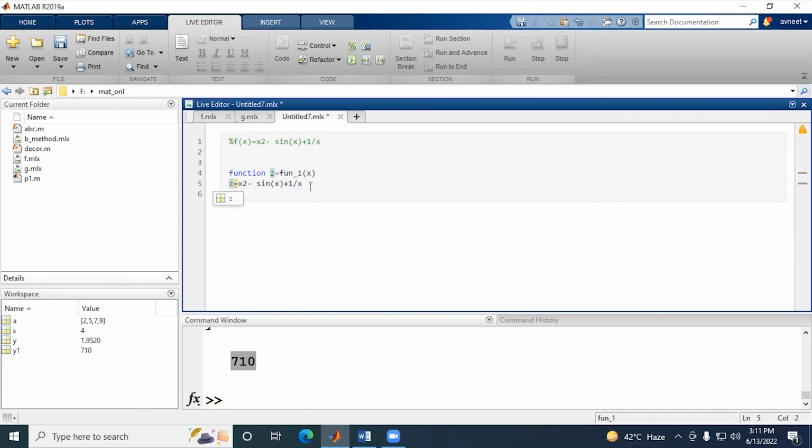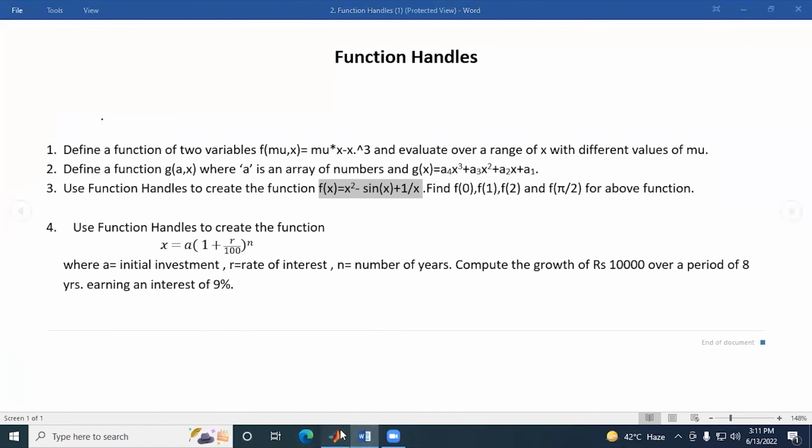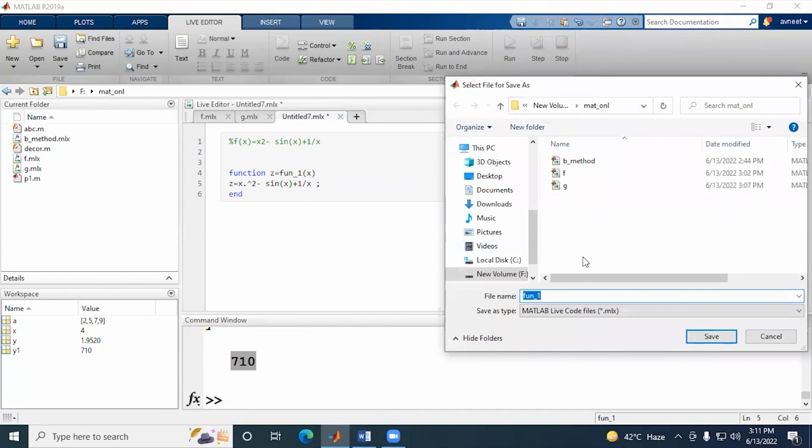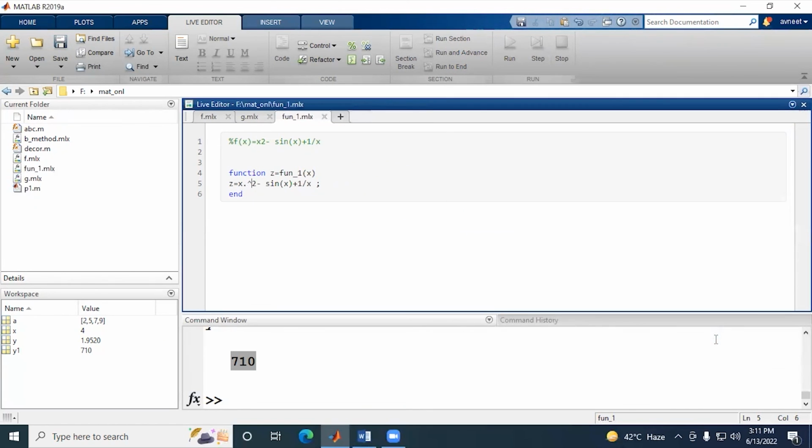So I'm going to replace this. And let me check. This is x square or what? It is x square. So let me make it x dot raised to the power of 2, and sine of x plus 1 by x. Everything else is, I think, in syntax of Matlab. So I'm going to save this with fun underscore 1. This is the name of the file and the function, the same.